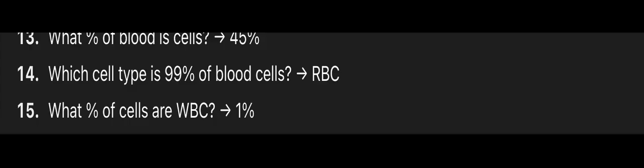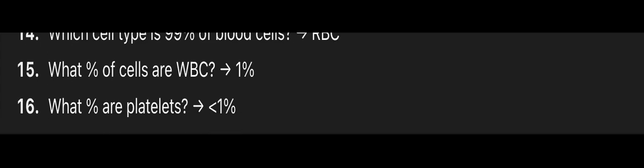Red blood cells. So the red blood cells account for 99% of the cellular components. What percent of cells are white blood cells? White blood cells make up 1%. And what percentage are platelets?